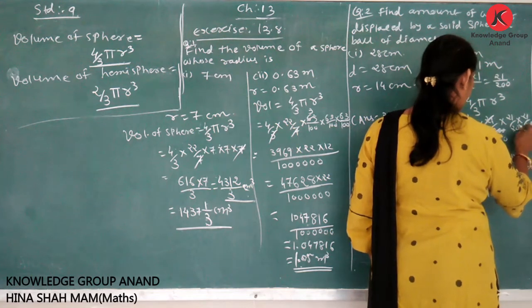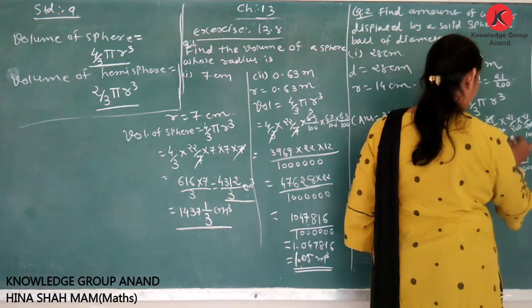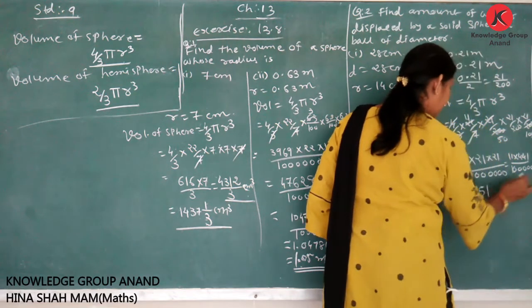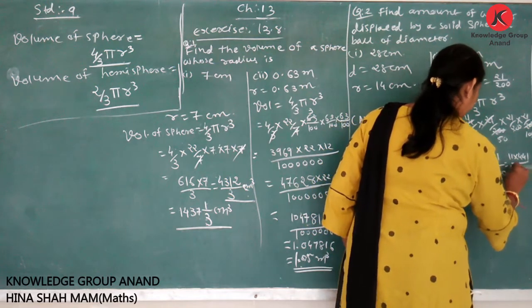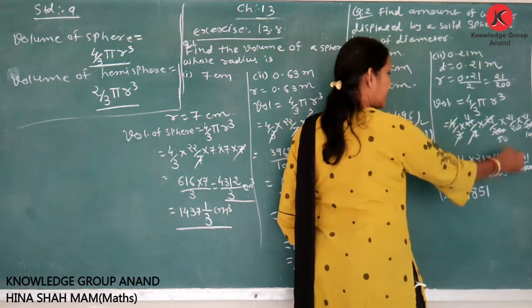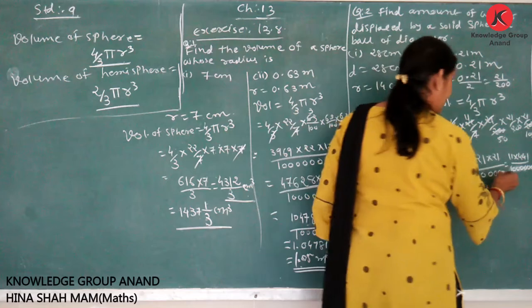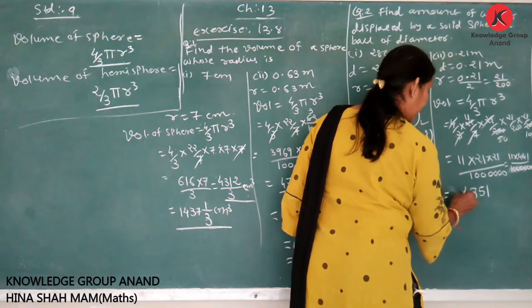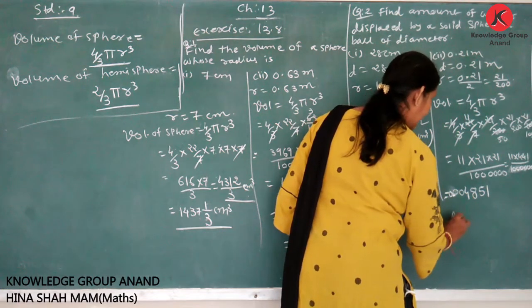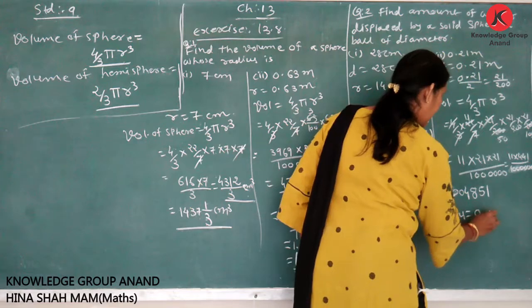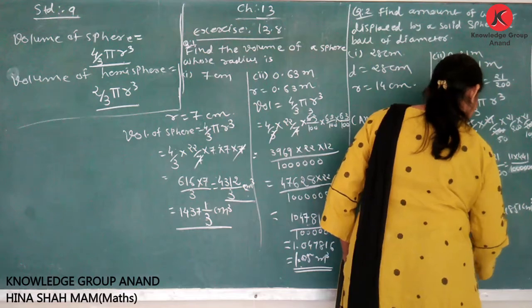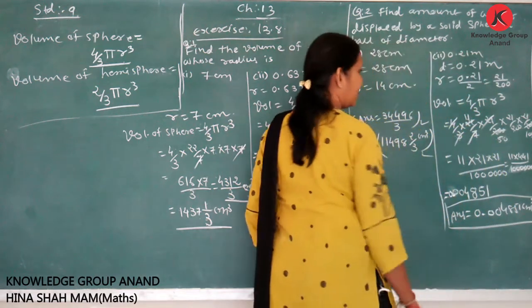Then our answer here. Because it is 5 zeros. Then what? 6. Right? Some mistake. 0 point. Therefore, answer is equal to 0.004851 centimeter cube, which is our right answer.